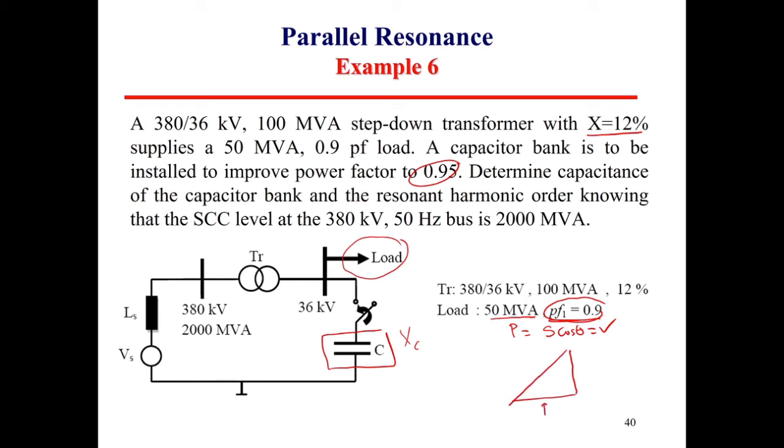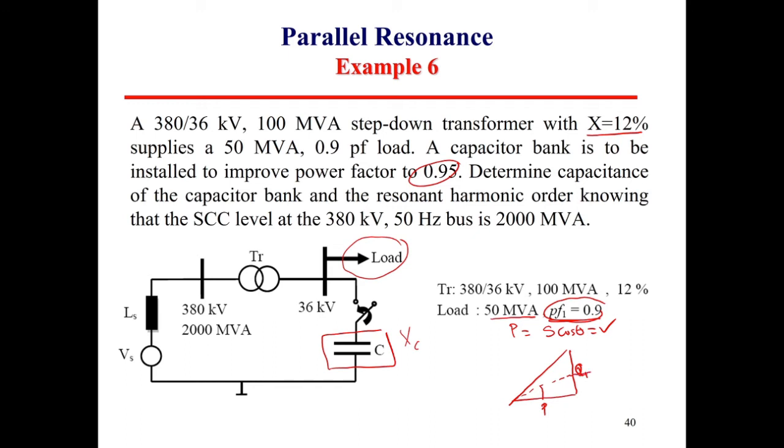So this is our system, this is P, this one I will call Q1 of the system, and of course Q1 can be calculated from here, so it will be S sine, that will give us Q1. Now we would like to improve the power factor to 0.95. So what we are going to do is put a capacitor bank.